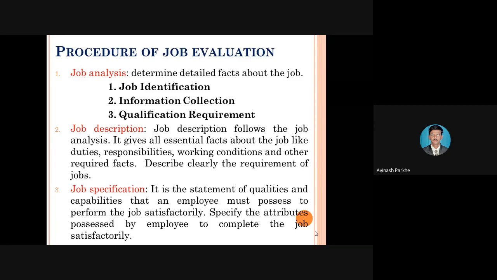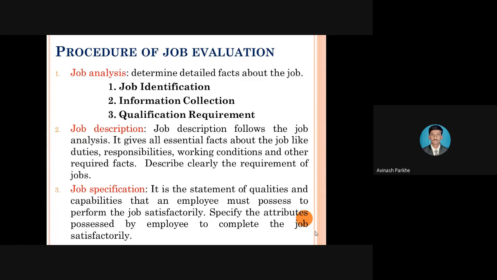Specify the attributes possessed. We may consider different factors like the education of the operator, experience of the operator, their physical effort, their responsibilities, material handling equipment, and material handling machines. All such facilities we have provided, and if they work in an effective manner, then and only then will the job be satisfactory.